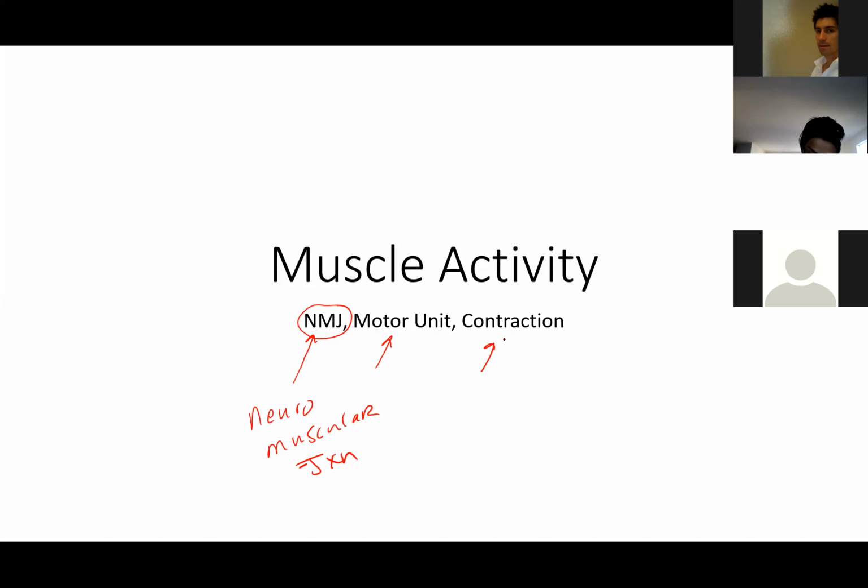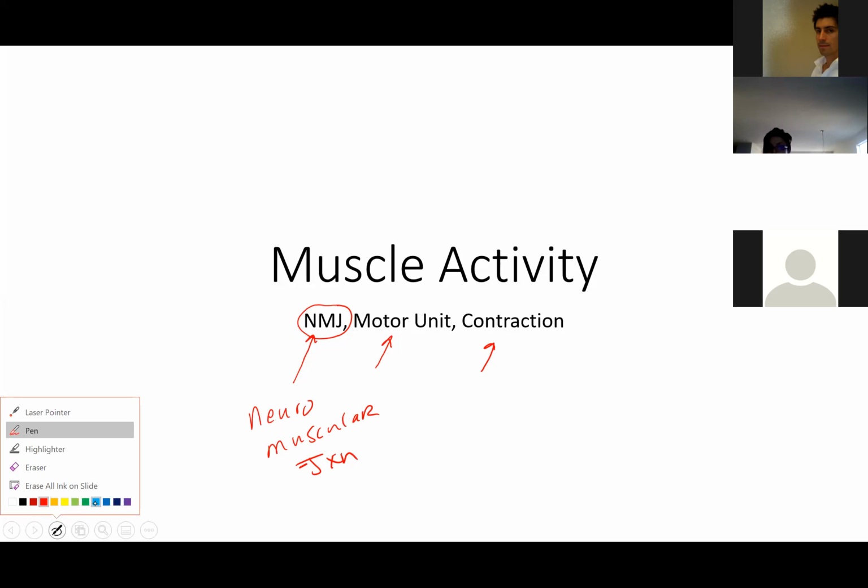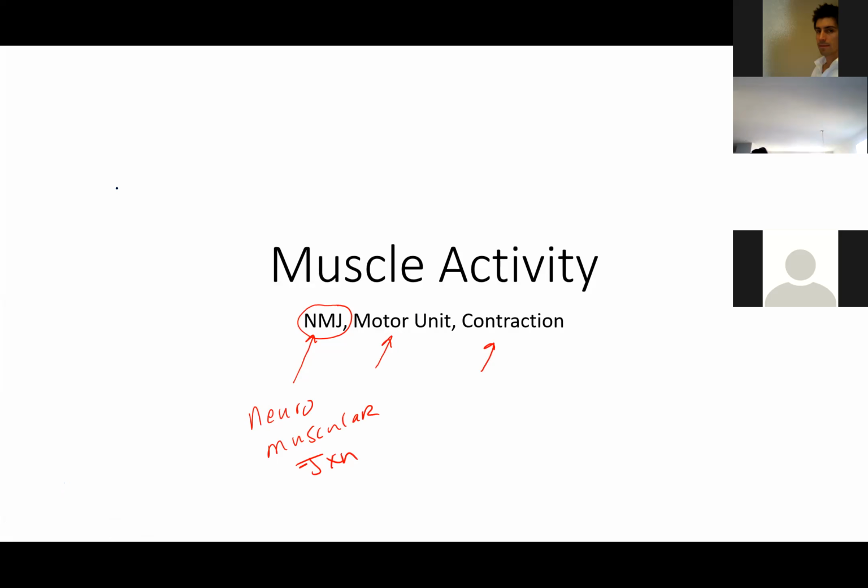All right, so let's do a little reminder here of how our nervous system works. So you have the brain and the body. Now what I'm about to draw we'll cover in more detail once we get to the nervous system.